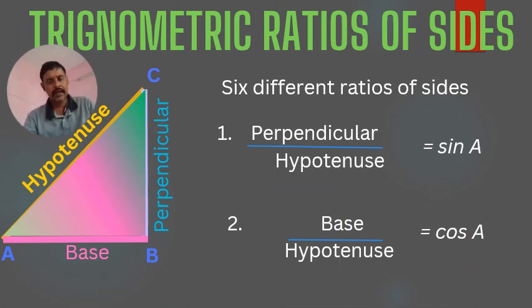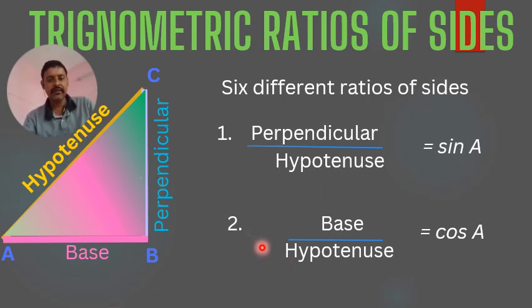So students, let us start with our trigonometric ratios of sides. As I told you earlier, there are 6 different ratios of sides, and the first ratio is the ratio between perpendicular and hypotenuse. This ratio is known as sin A. Sin A means the ratio of the side perpendicular and the side hypotenuse, that is the longest side.